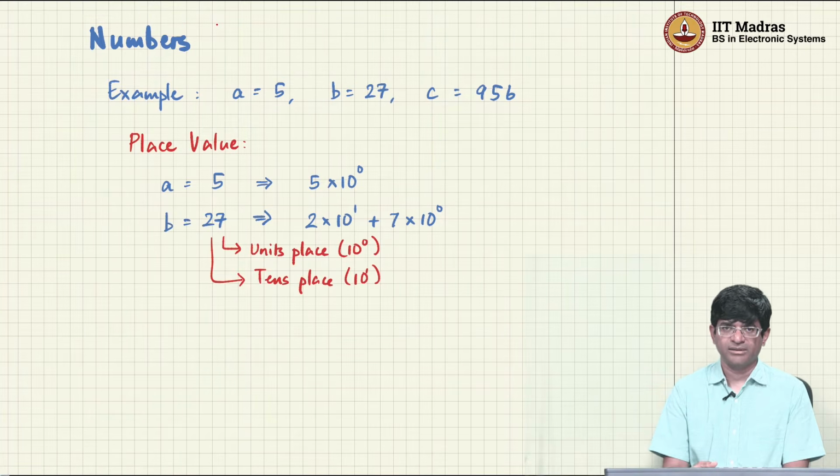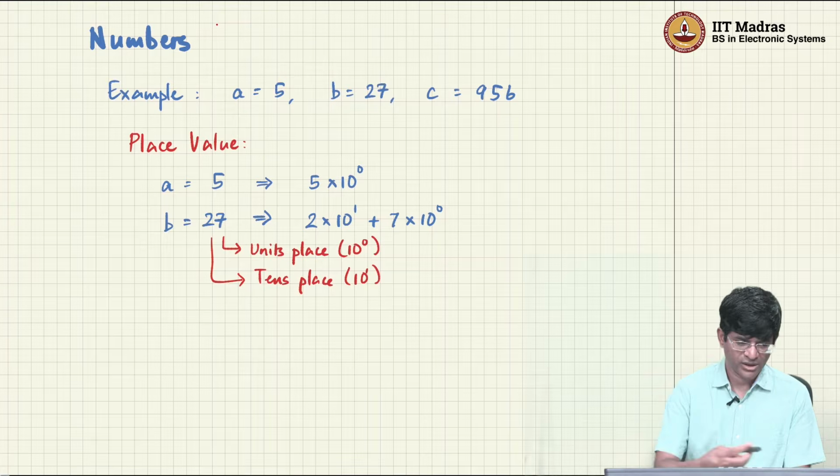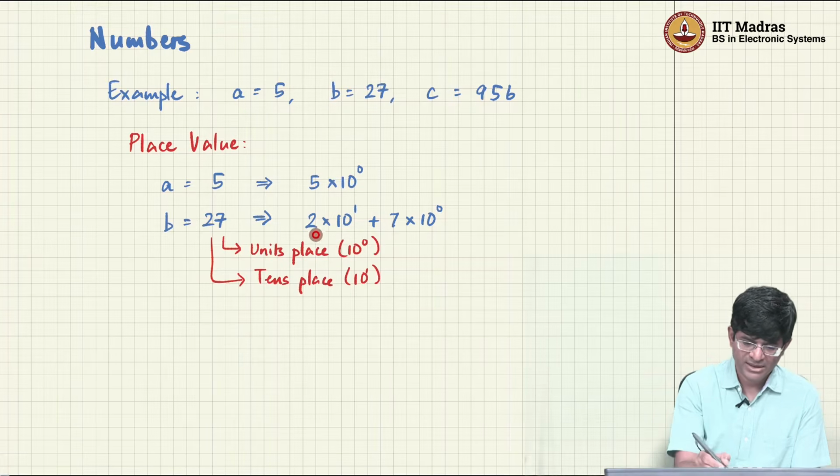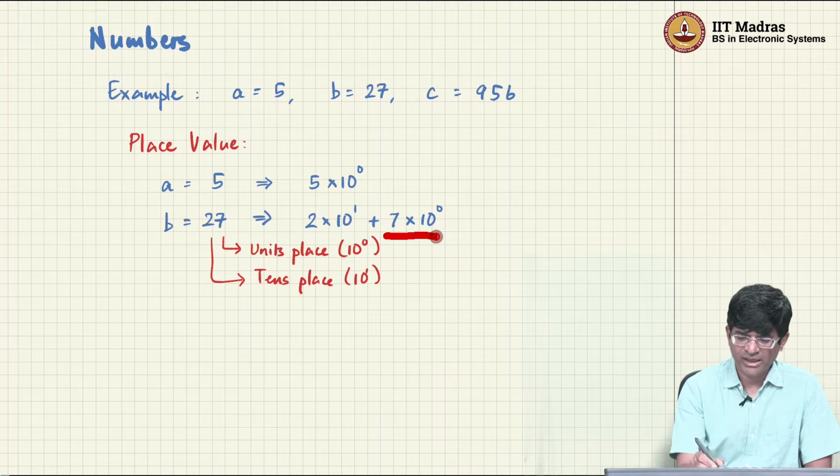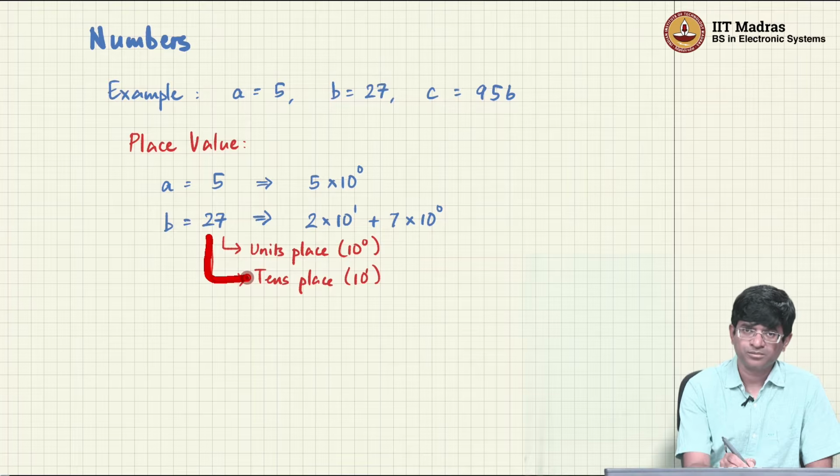27 on the other hand is a slightly more complicated number. It has 2 digits over there. The rightmost digit corresponds to what we call the units place or the ones place, so 7 is multiplied by 10 power 0, and in the tens place I have 2.